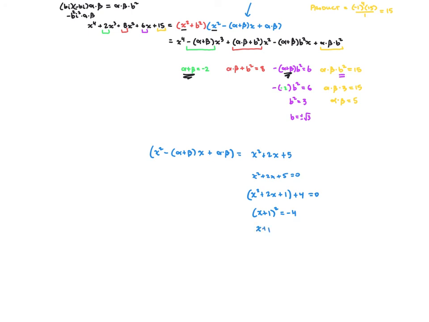So it'll be x plus 1 will equal plus or minus the square root of -4. Now, clearly my other roots, my other zeros, are going to be complex in nature. Check them out here. This will be x plus 1 is equal to plus or minus 2i. All right, thus x is equal to -1 plus or minus 2i.